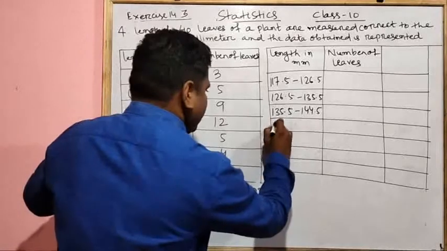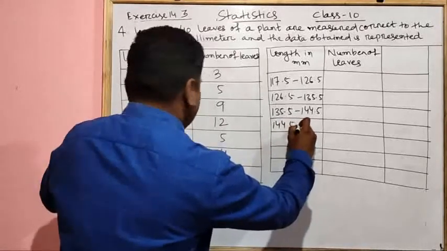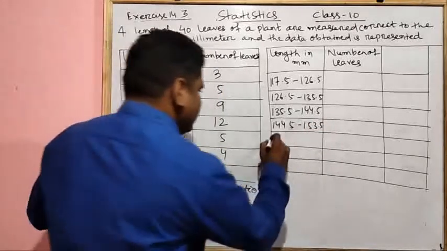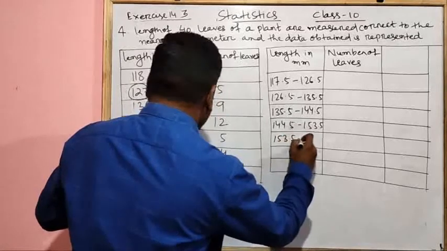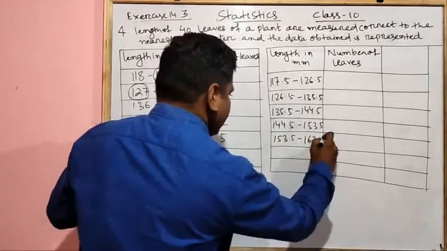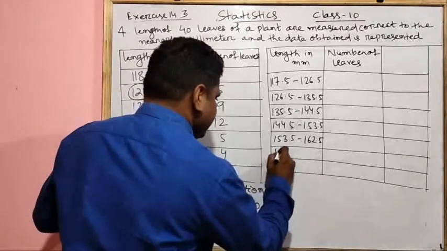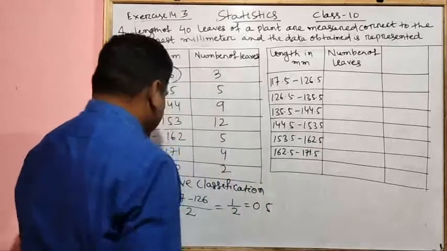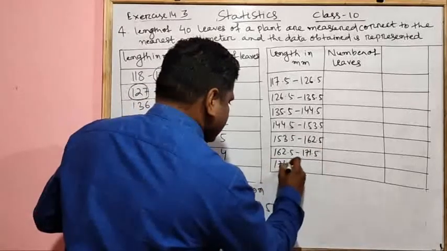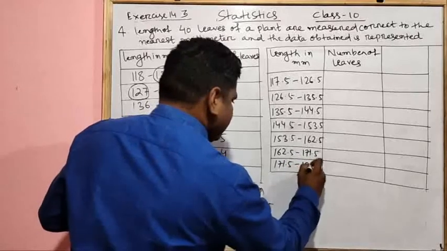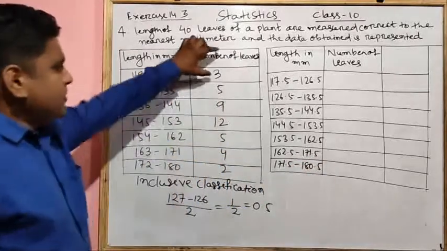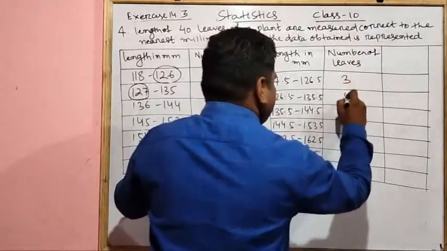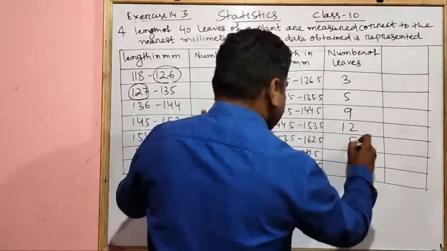Now 144.5 to 153.5, 153.5 to 162.5, 162.5 to 171.5, 171.5 to 180.5, and the frequency will remain as it is, that is 3, 5, 9, 12, 5, 4 and 2.